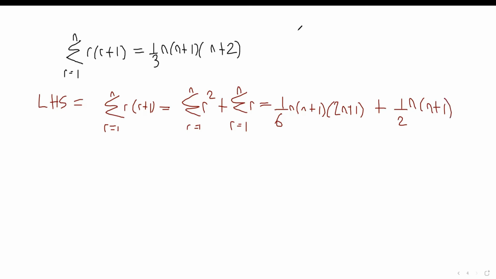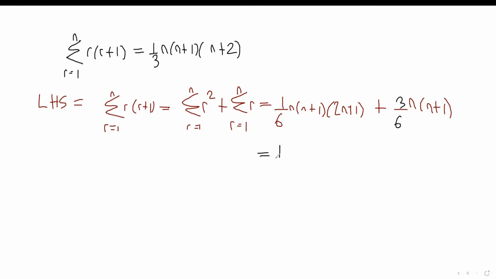Now, what we need to do is add these two things. Now, I'm not very good at adding, so I'm going to rewrite this half as 3 over 6. First thing I realize is that I can factor out what they have in common. They have a 1 over 6, an n and an n plus 1 in common.